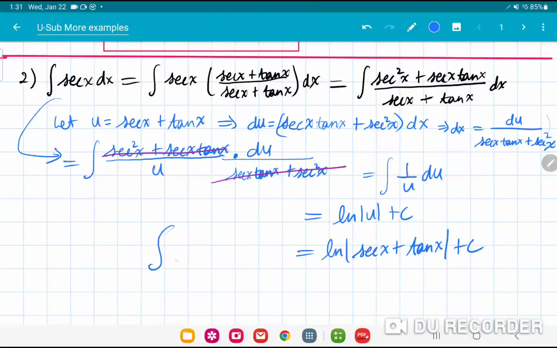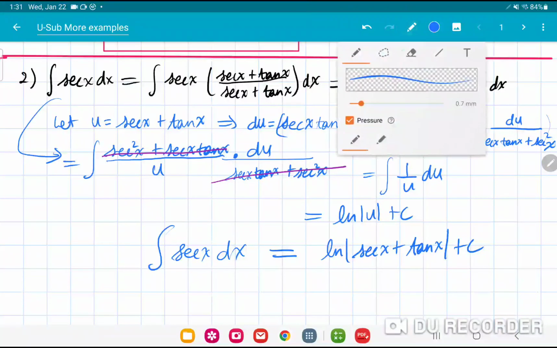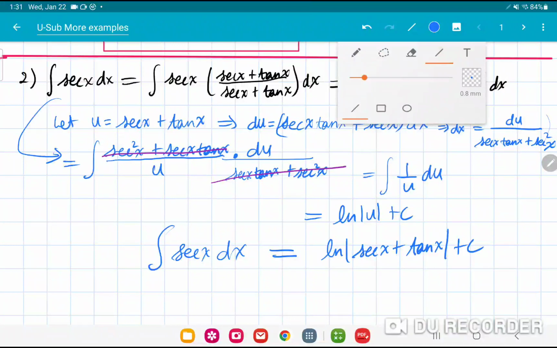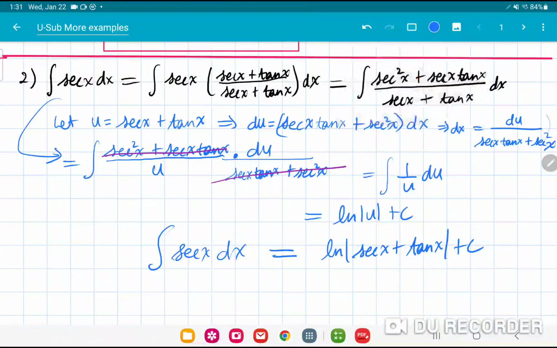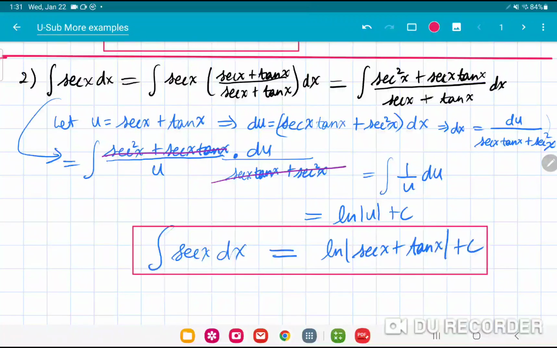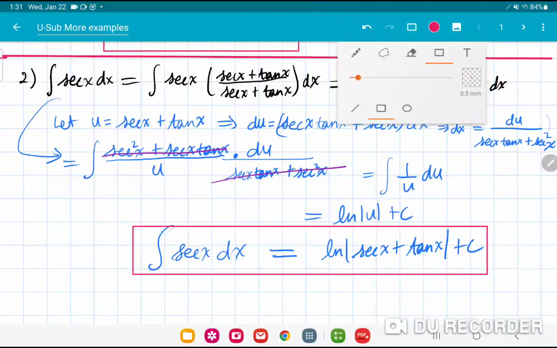So the integral of sec x dx equals natural log of sec x plus tan x plus c. This is the other example, expression that I gave you in class to study, to memorize.